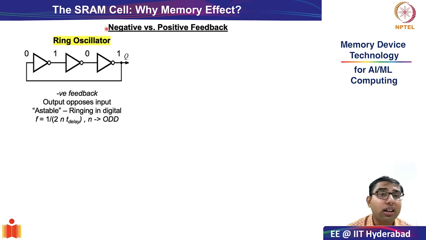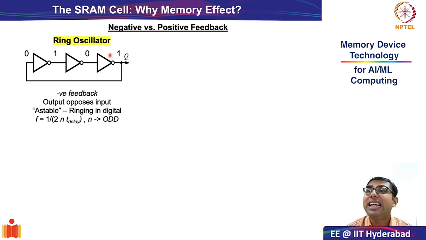Now, a ring oscillator is a very important structure in engineering of CMOS devices, and we will soon see why. The important thing in our context is to understand that a ring oscillator has negative feedback. What is the meaning of negative feedback?